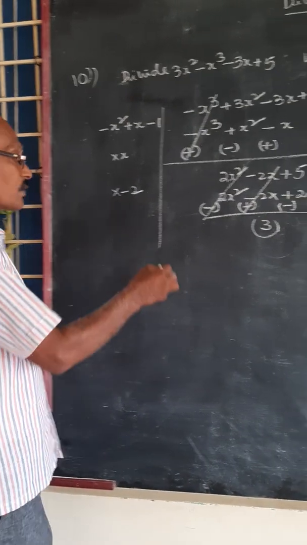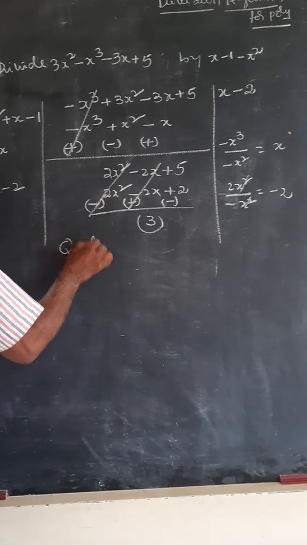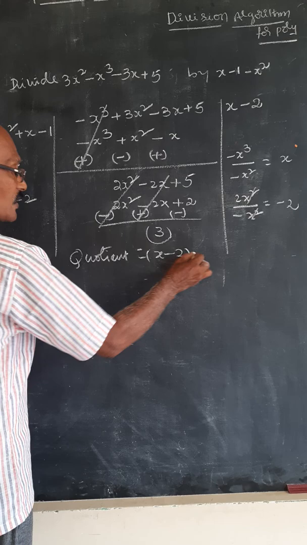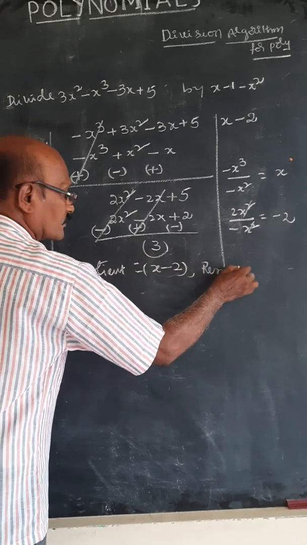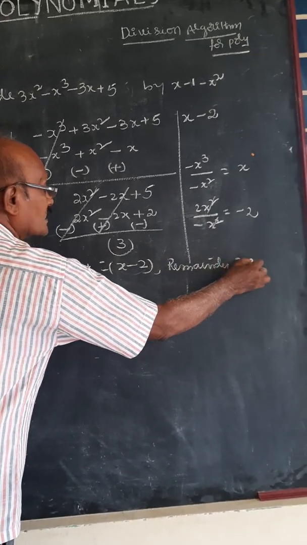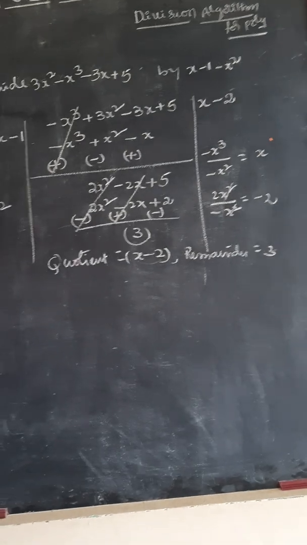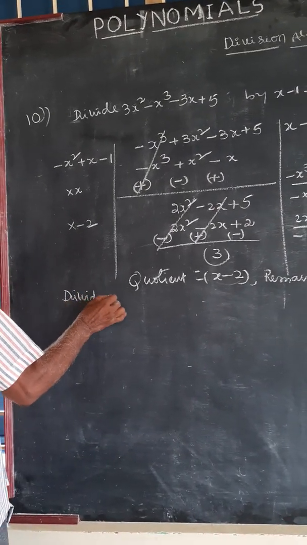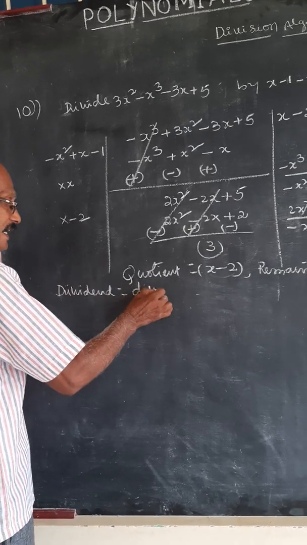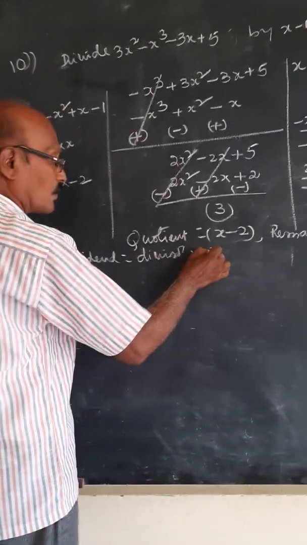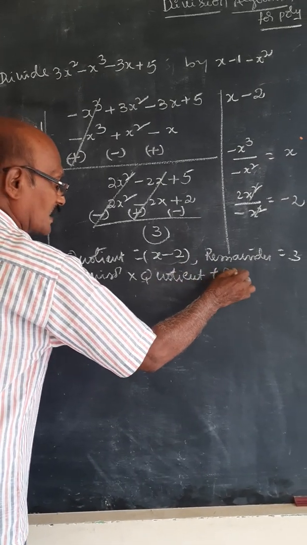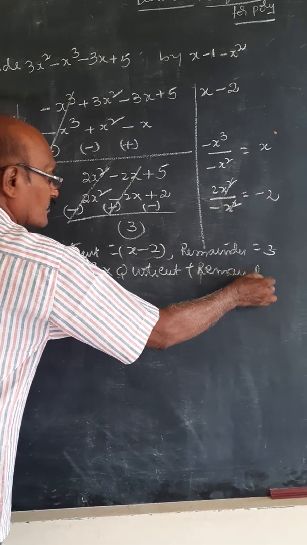So what is the quotient here? Quotient is equal to x minus 2, remainder is equal to 3. We will check the division algorithm. Dividend is equal to divisor into quotient plus remainder.